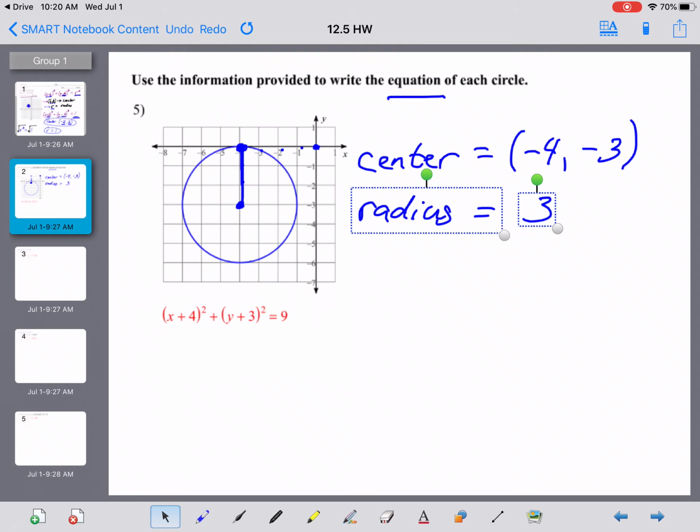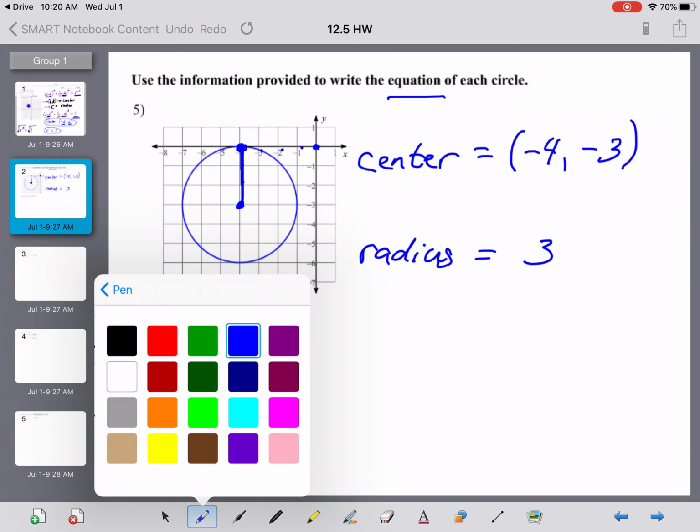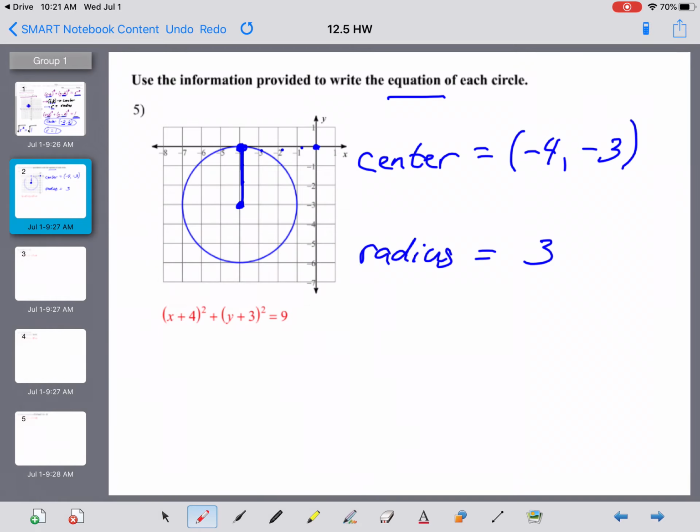Dang it, that happened again. The 3 variables here that we needed to know in order to write the equation. So the center gives us the values of h and k. So we now know that h is equal to -4 and that k is equal to -3. And with a radius of 3, we know that r is 3.